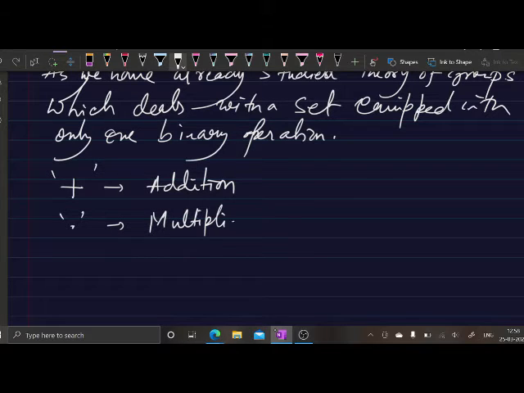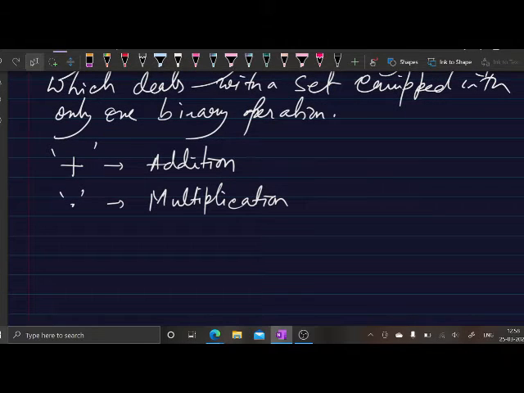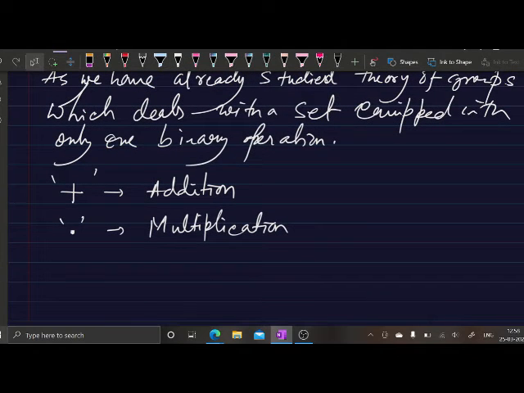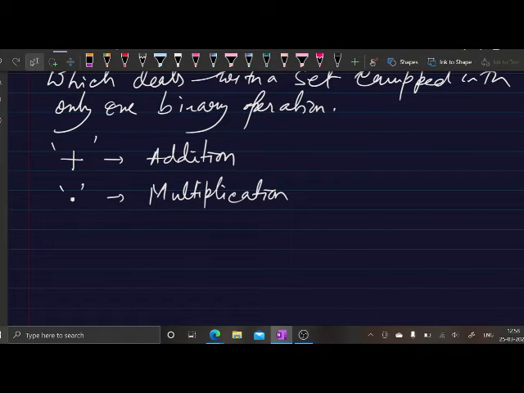Just keeping in mind the previous knowledge of integers and real numbers, in which we add two integers or two real numbers, we multiply two real numbers or integers, we keep these names for the general cases: we denote plus as addition and dot as multiplication, and that will be defined on a set.